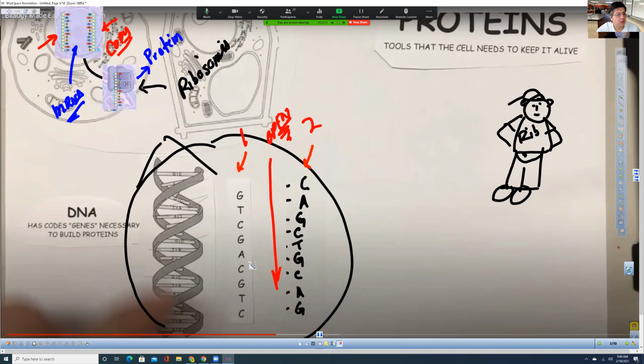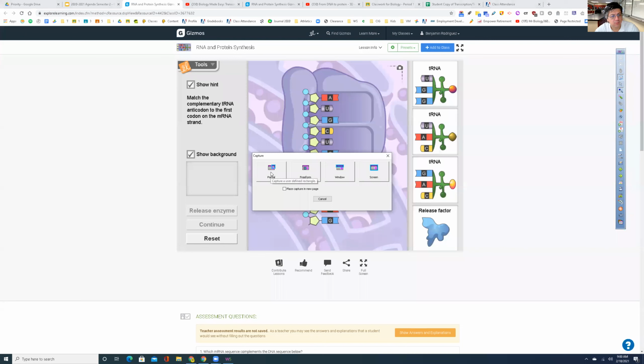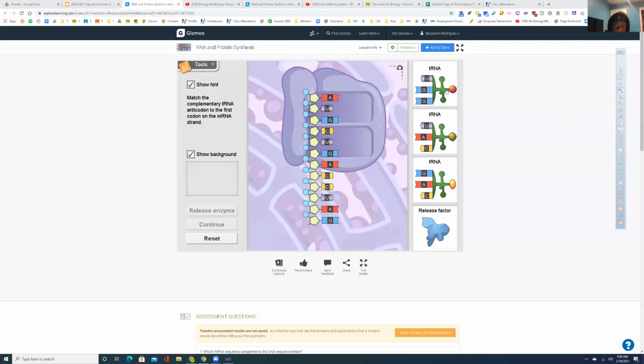This purple thing in the background. A nucleus? Not a nucleus, and not a protein. What do you think it is? A ribosome. Exactly, it's a ribosome.